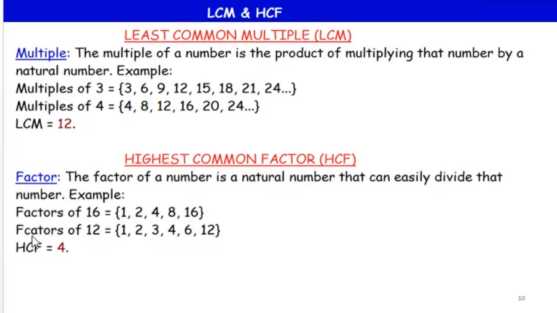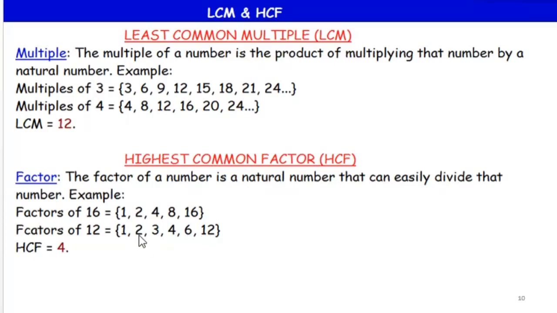Okay, let's look at the factors of 12, right? Please pardon me for the typing error. It's supposed to be factors of 12. So for factors of 12, we are going to have 1, 2, 3, 4, 6, and 12.